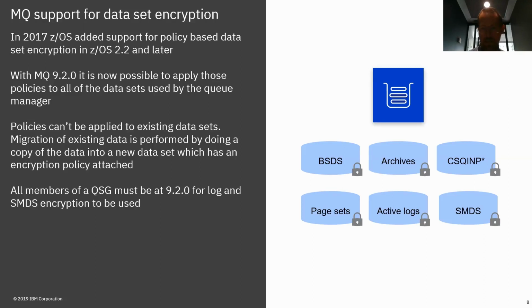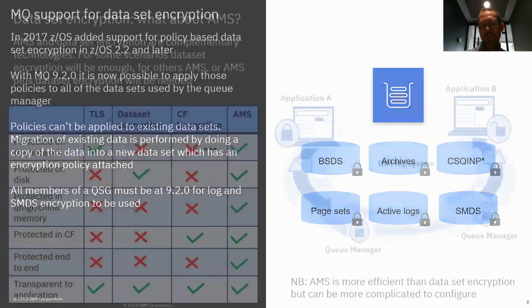the dataset encryption policies. So, what we tend to see with security is customers have different needs, and that means they look towards different directions for solutions. So some customers might want dataset encryption because they're only worried about data on disk. Other customers might want AMS because they want an end-to-end solution.